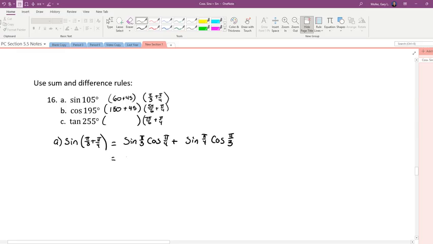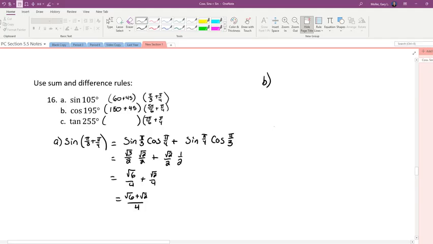All right, so sine of pi over 3 is going to be root 3 over 2. Cosine is root 2 over 2, plus root 2 over 2. And the cosine of pi over 3 is a half. So I get root 6 over 4 plus root 2 over 4, root 6 plus root 2 over 4.